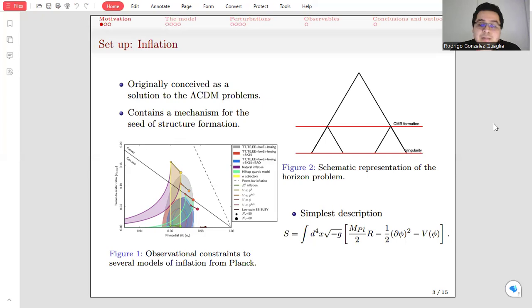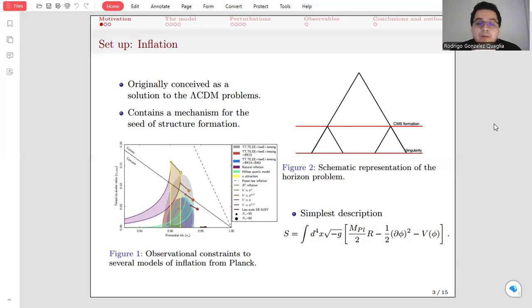Later, it was realized that inflation also contained a mechanism for the seed of structure formation in our universe, thus gaining more attention. In its simplest description, inflation is modeled by the Einstein action together with the addition of the action for a scalar field.